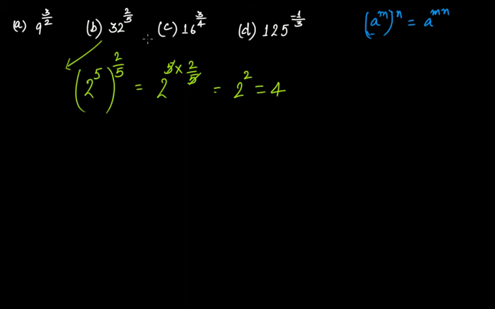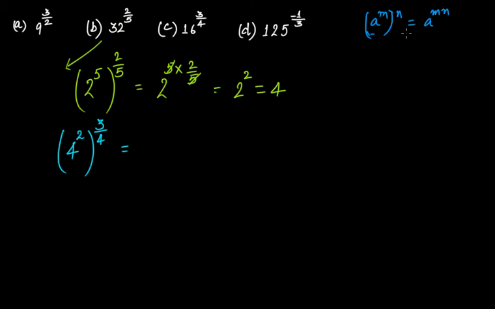The next one is C, is 16 raised to the power of 3 by 4. Now 16 raised to the power of 3 by 4 can be written as 4 raised to the power of 2, right? 4 raised to the power of 2. Now 4 raised to the power of 2, and then this is 3 by 4.